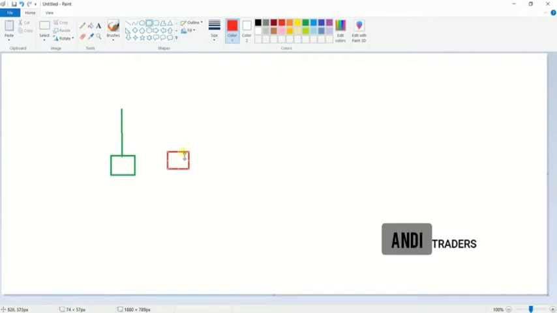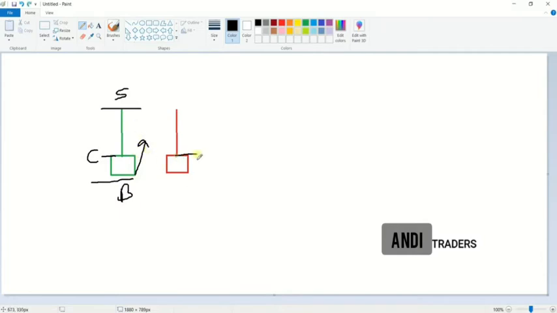So let's see what this candle does in the market. Okay, let me draw it. You can see this shooting star. The buyers are here, the sellers are here, and this is the closing point of the candle. You can see this closing point is near the buyers, so the market will go up.